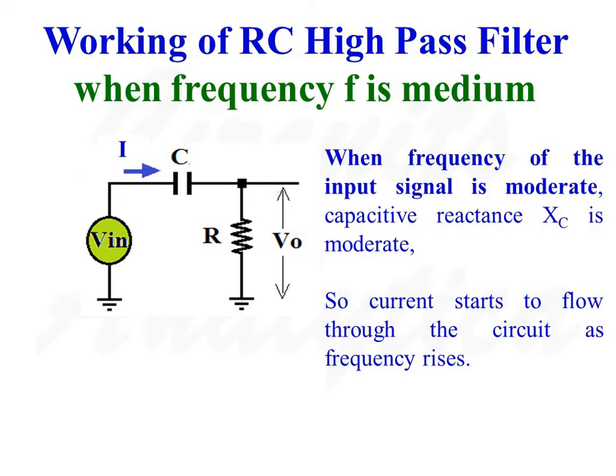As frequency increases, capacitive reactance starts to drop, and when capacitive reactance falls, current flow through the circuit starts to increase. When current flow through the circuit starts to increase, output voltage V0 also increases as V0 is equal to I into R.